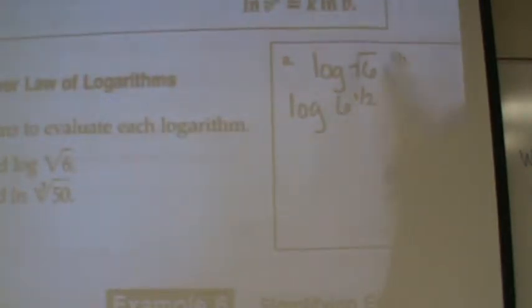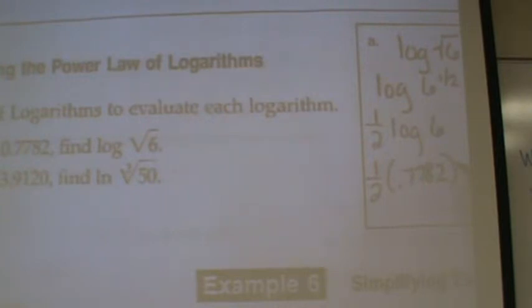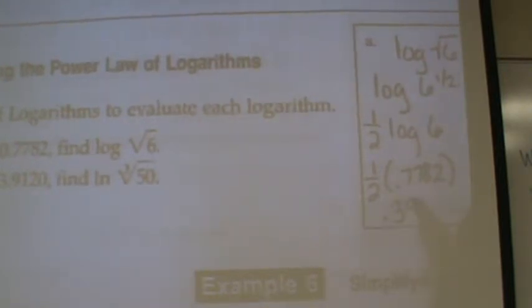That's your power. So all you do is bring 1/2 in front. So it's 1/2 times the log of 6, which is simply 1/2 of 0.7782. And if you have a calculator, I have 0.3891.